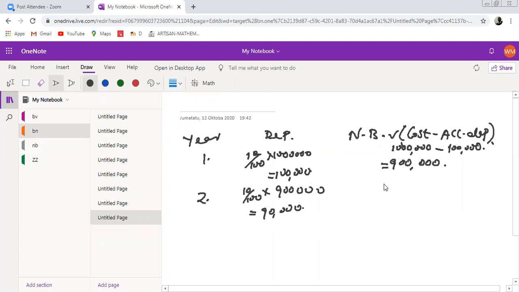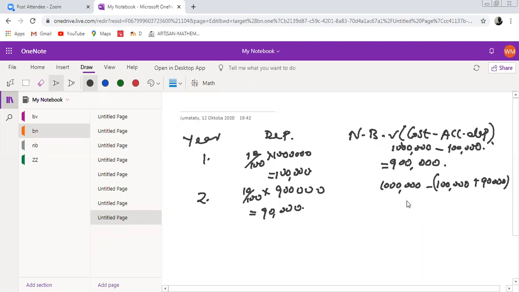So what would be the net book value of this asset at the end of year 2? It is going to be 1 million minus the sum of the 2 depreciations. So it is 1 million that we started with minus depreciation for year 1 and 2.